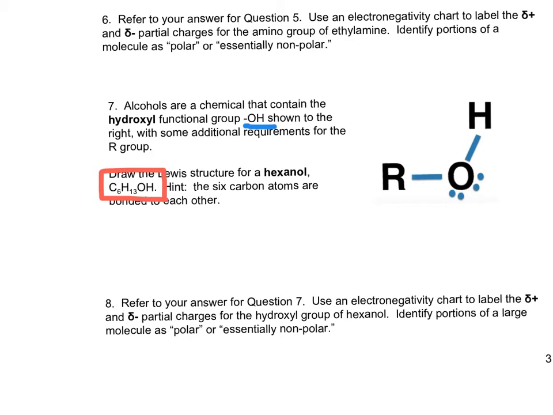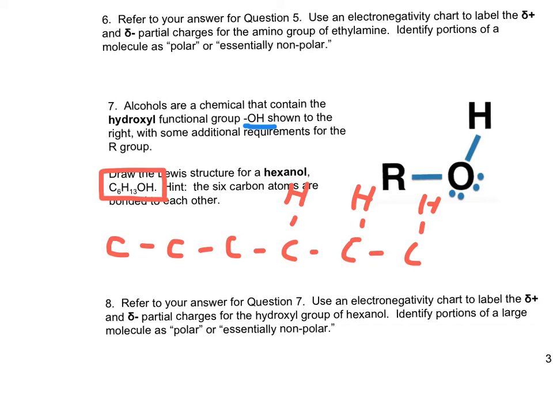So in class, we had done a lot with carbons and hydrogens. The carbons will form a backbone, so we will assume for this that they're all in a straight line. 1, 2, 3, 4, 5, 6. And then we've got 13 hydrogens, which surround those 6 carbons. 1, 2, 3, 4, 5, 6, 7, 8, 9, 10, 11, 12, 13.